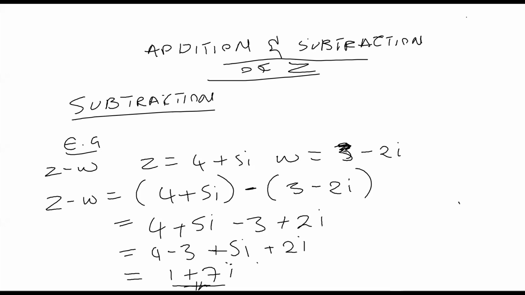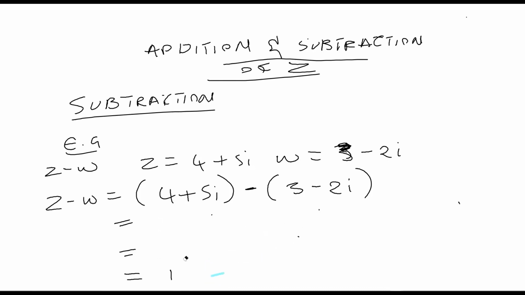No, it's 1 plus 7i, because what happened there is we didn't really distribute, right? So when we distribute, what we're going to have here is we're subtracting on the inside. So I didn't really show it in full because we were just trying to make her understand a certain point.